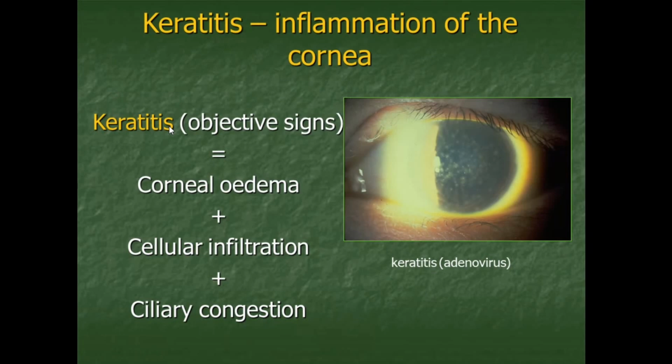Inflammation of the cornea we call keratitis. If you see any opacity on the cornea, if you can see a lesion on the cornea, infiltration of the cornea, we can think about keratitis. Objective signs of keratitis: corneal edema, cellular infiltration, and ciliary congestion.